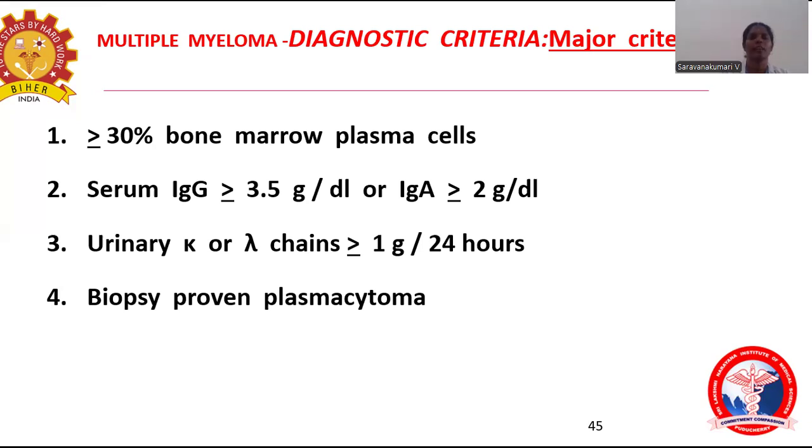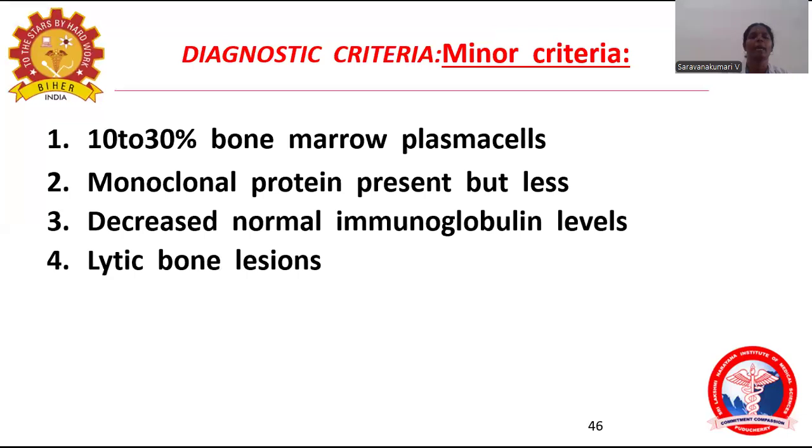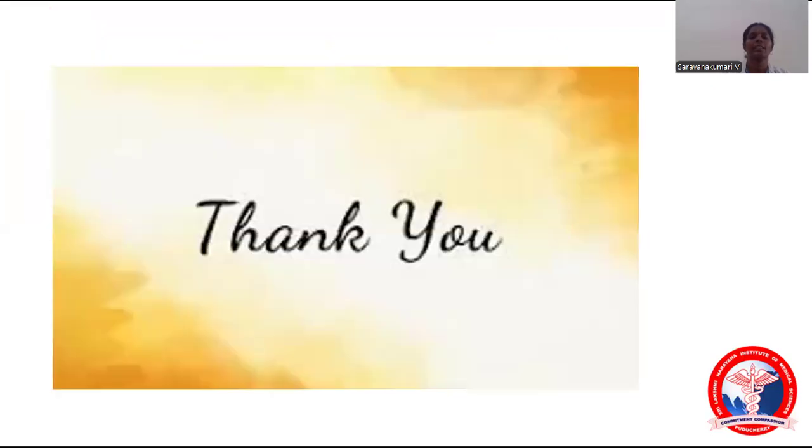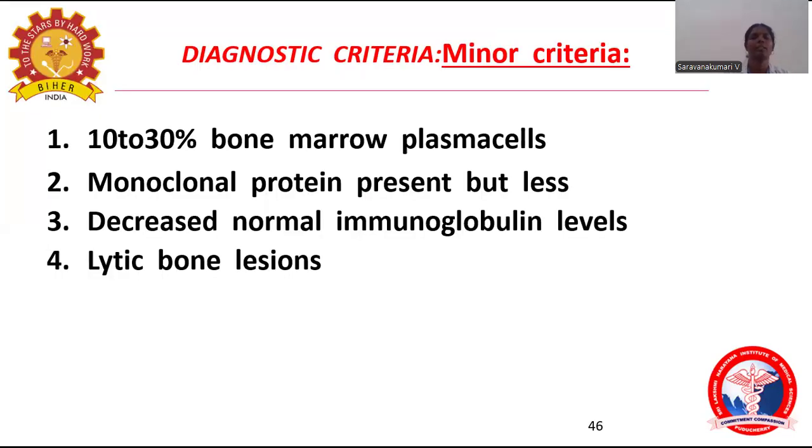This is the major criteria for multiple myeloma. And the minor criteria will be plasma cells in the bone marrow at 10 to 30%, monoclonal proteins present but in lesser amounts, decreased normal immunoglobulin levels, and lytic lesions. So these are some of the diagnostic criteria for multiple myeloma.